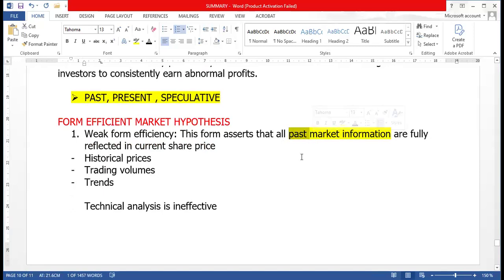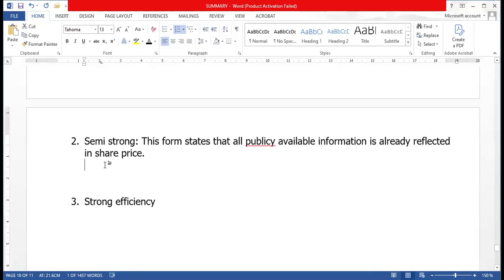We are just looking at the past market information, how the prices have been, in terms of sales and any other trend. But with semi-strong, we are looking at what you publish as a company. So it could be the financial statements.